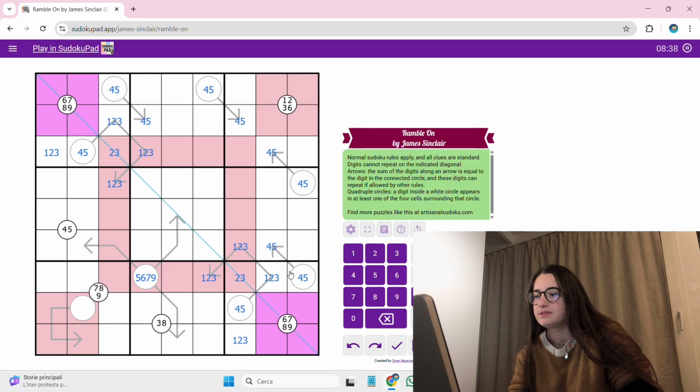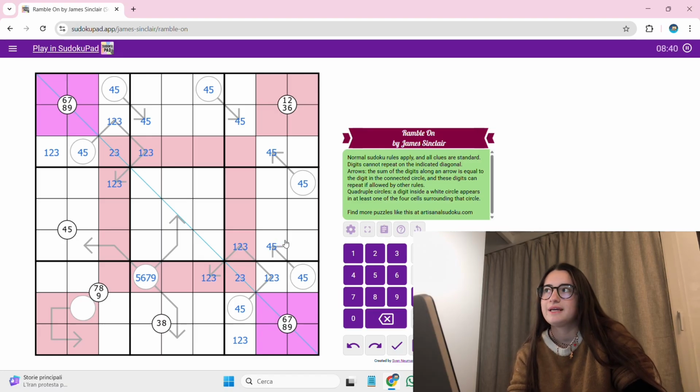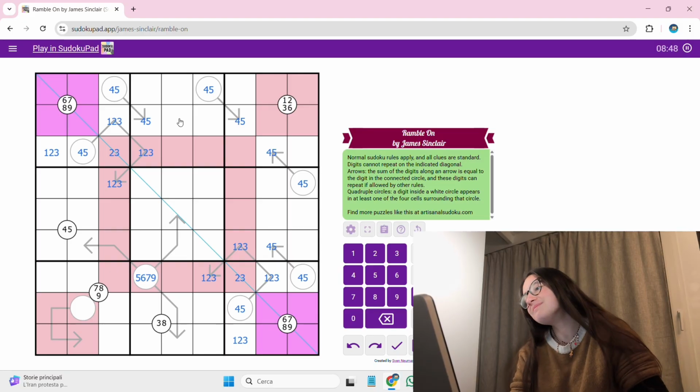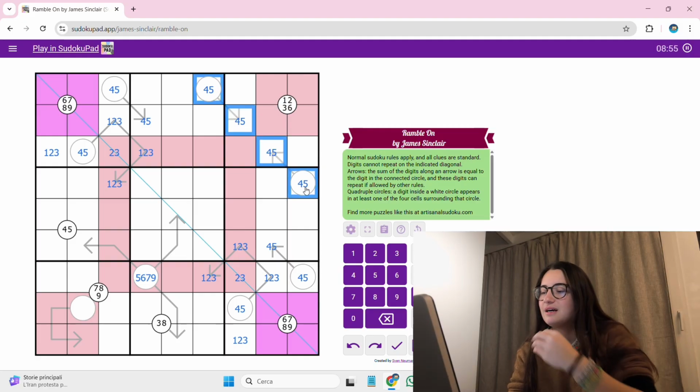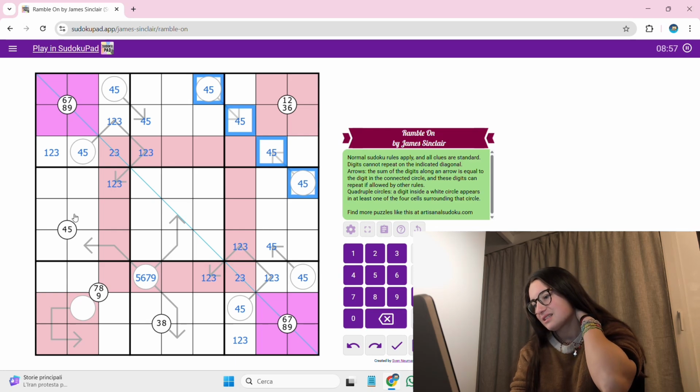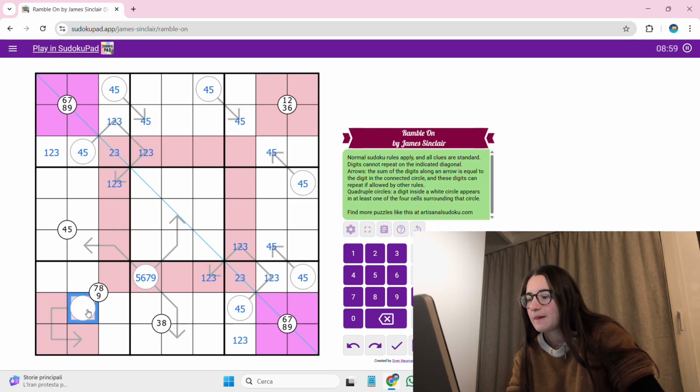Let me think about this. This is an 8 out of 10 puzzle, I think, which is quite high for my level of experience. So maybe, I don't know how long it is going to take. So this could be 6, 7, 8, or 9.